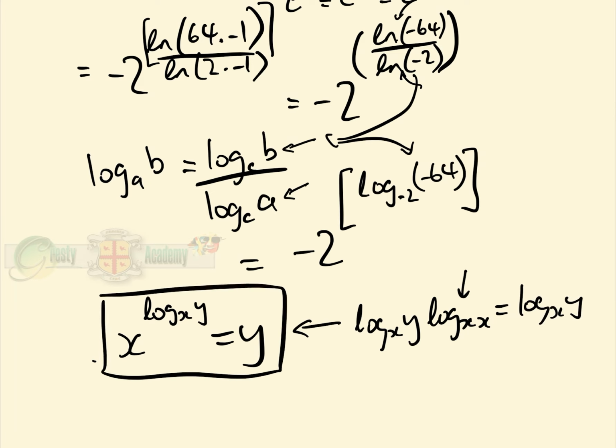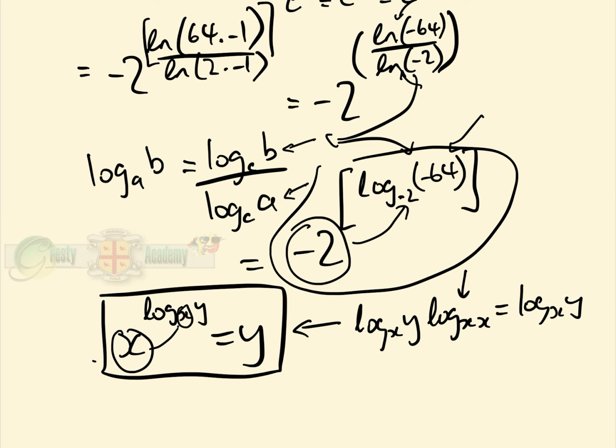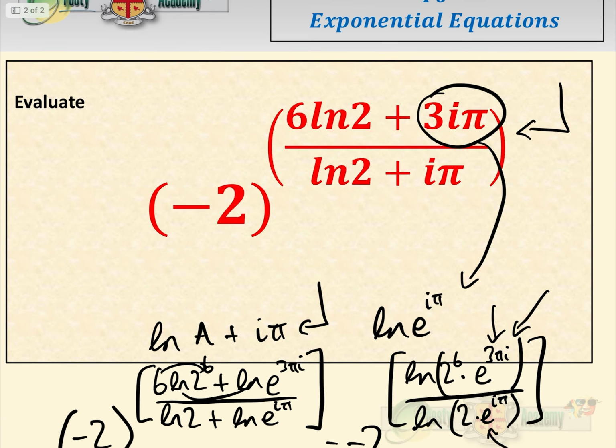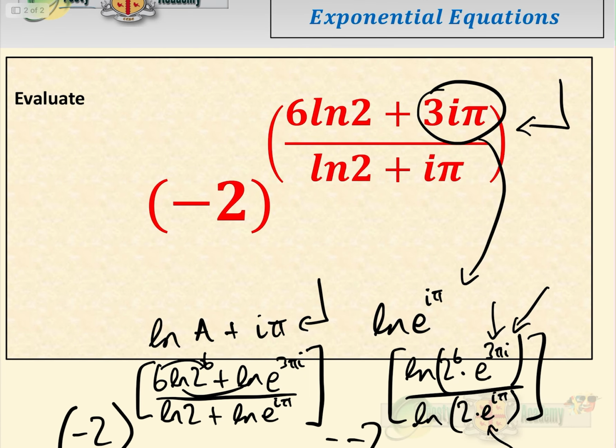So this is true for any x and y, and so therefore we have here minus 2 to the power of log to the base minus 2 of minus 64. So basically minus 2 in this is the x, which means that we can simplify all of this here to be simply minus 64.